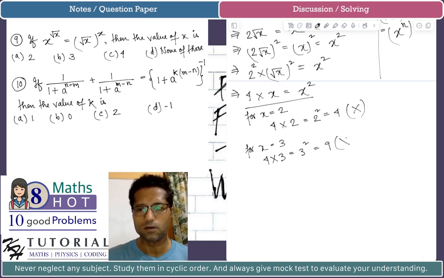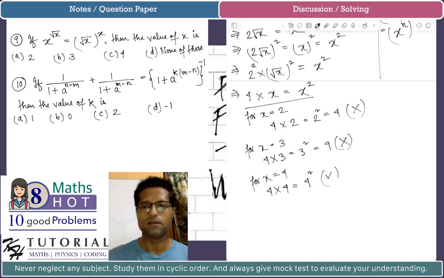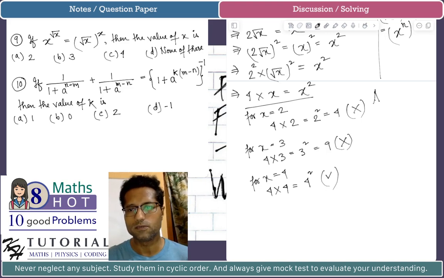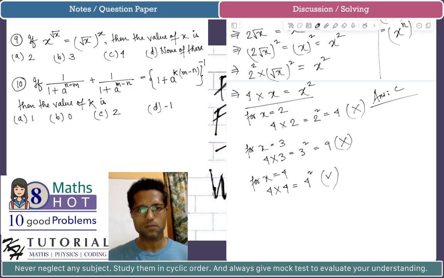This is also wrong. For x equals 4, we see 4 multiplied by 4 is 16, and 4 square is 16. This is correct. So the correct choice is C. 4 is the answer.